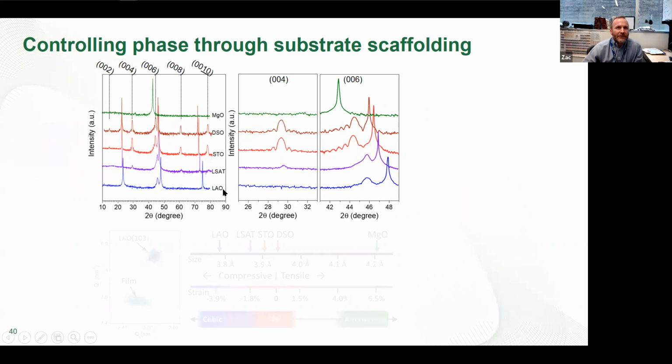So these are 5 different substrates we grew on. This is going from the largest substrate to the smallest substrate. And we're seeing these little humps are the film peaks that we're seeing. And so you see this film peak, MgO really just has nothing, it's amorphous. Here's the scan data and the STO grow nice RP crystals. And then something happens here. This one drops off and we start to see this drop.